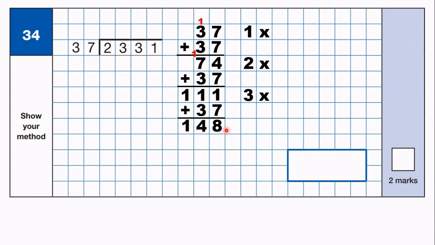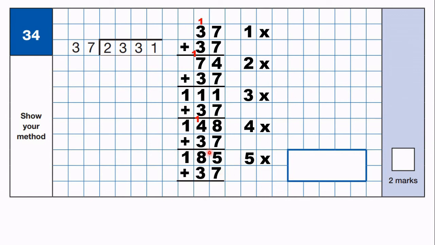We get 148 for 4 times. Then if we add another 37, we get 185 for 5 times. And remember, 5 times always has to end in a 5 or 0, so we can be confident that we haven't made any mistakes so far.